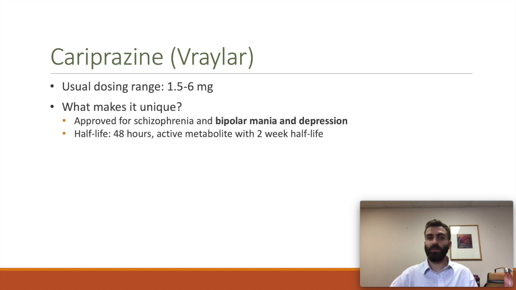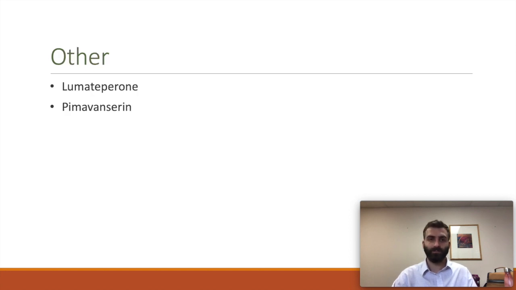So this is approved for schizophrenia and then bipolar mania and depression, but doesn't have that depression adjunct FDA approval. Again, this has a long half-life with an active metabolite that has a really long half-life, so 2 weeks. So this could mean that when you make dosing changes, they might take some time to manifest. So a patient might not notice any difference for a week or so out of the dosing change. So be patient with this medication and all of the partial dopamine agonists that have this long half-life.